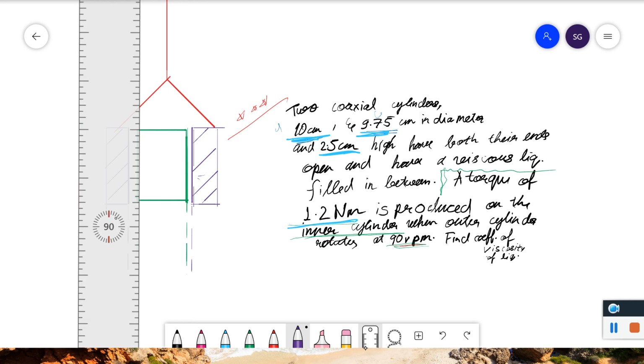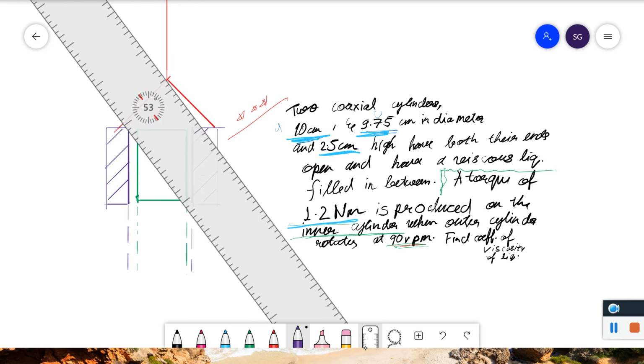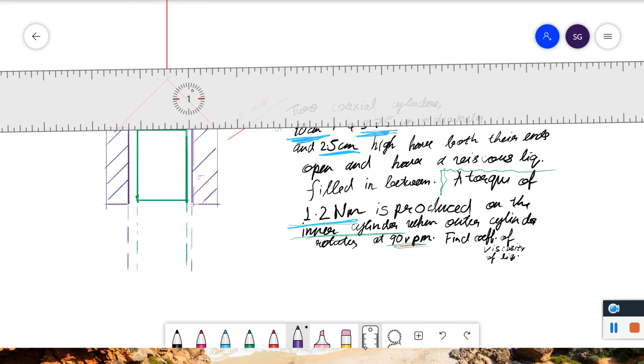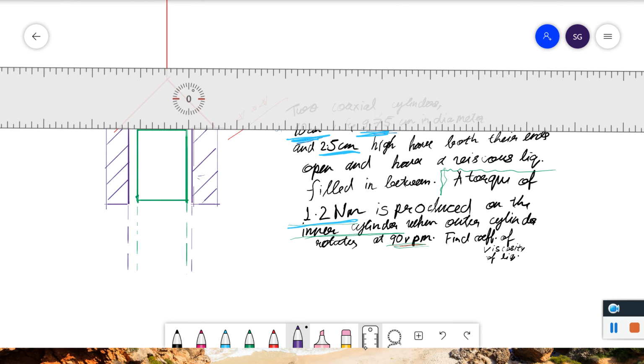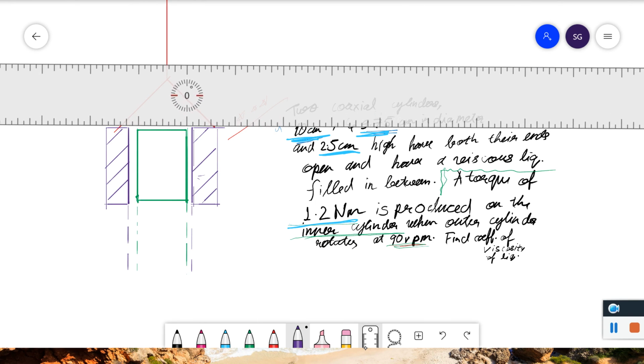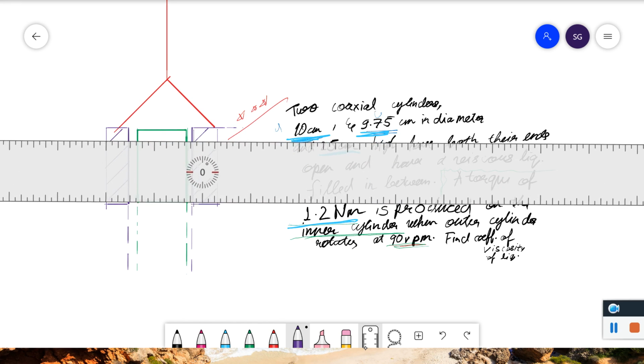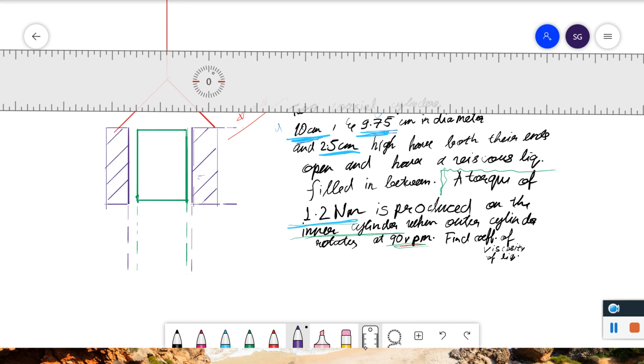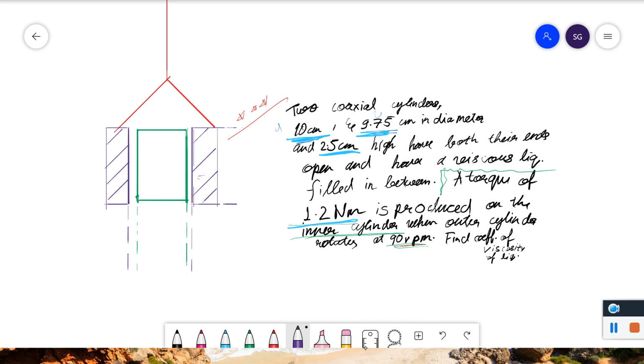And we are also concerned about this one portion. This portion. Okay, now it's over. This is this portion, the blue line that you are seeing. This is 10 centimeter.